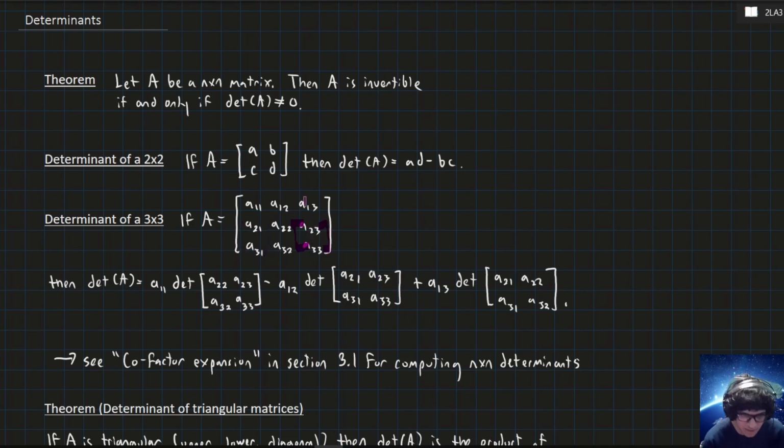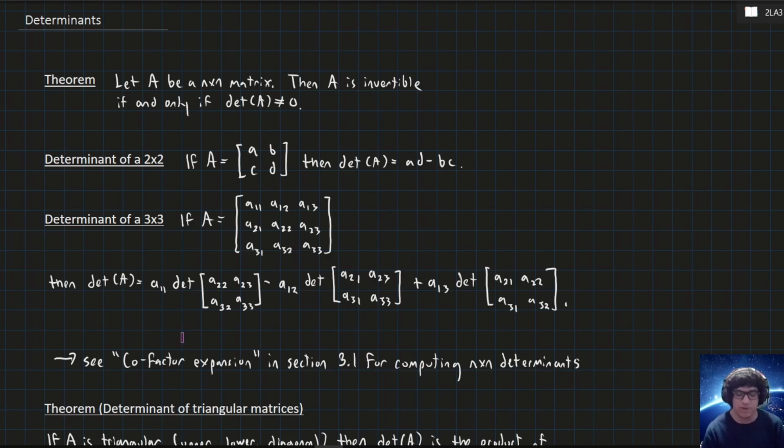And finally, I take the third entry and multiply it by the determinant of this 2 by 2. That's an example of how you can compute the determinant of a 3 by 3. If you don't remember how to do that, I suggest you look in the book under cofactor expansion in section 3.1.